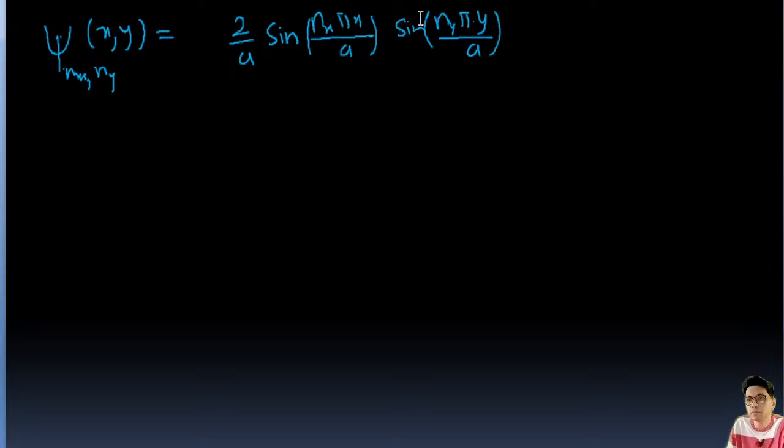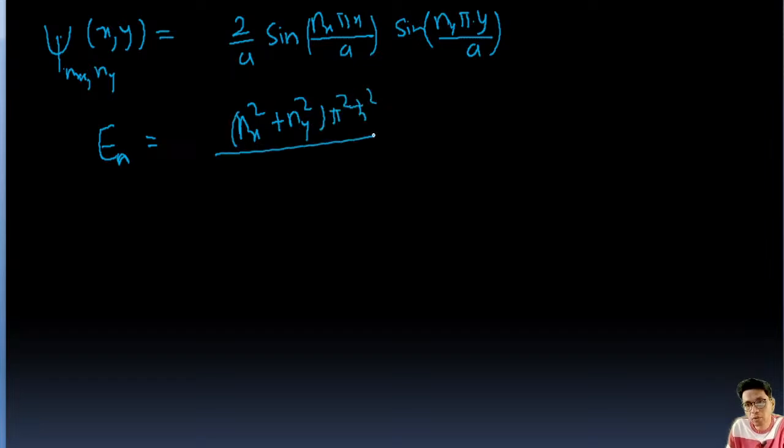So for the first excited state, what is the degeneracy? We know the energy in a two-dimensional potential is n_x square plus n_y square into pi square h cut square upon 2ma square.